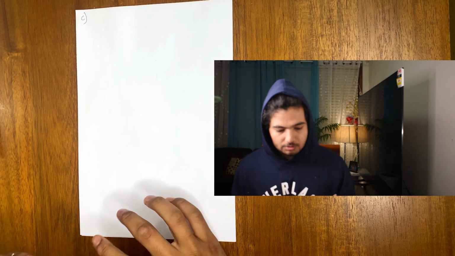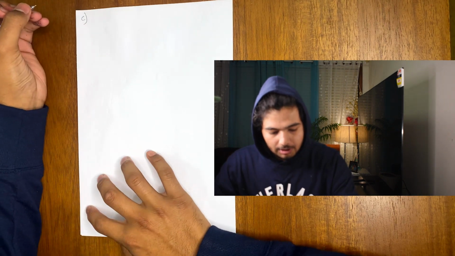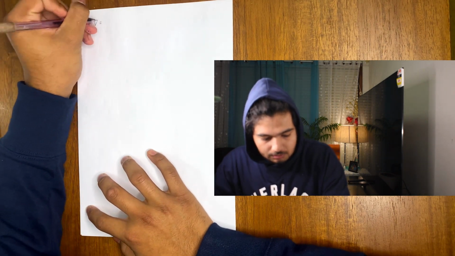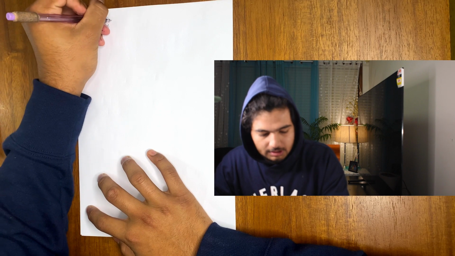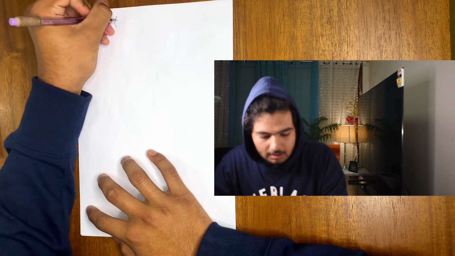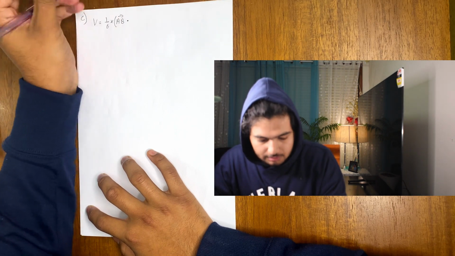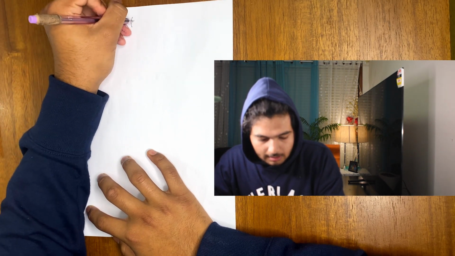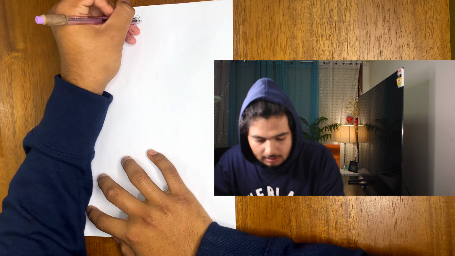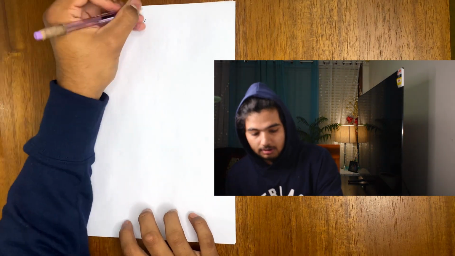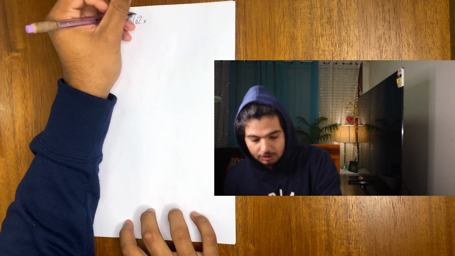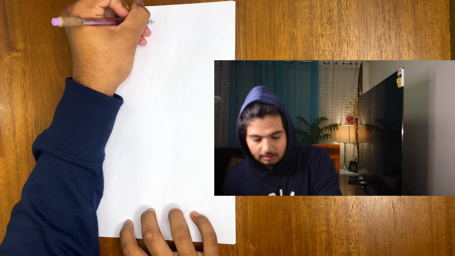To find the volume of this tetrahedron, the formula we're going to use is V equals 1 upon 6 multiplied by vector AB, take the dot product with BC cross product BD.